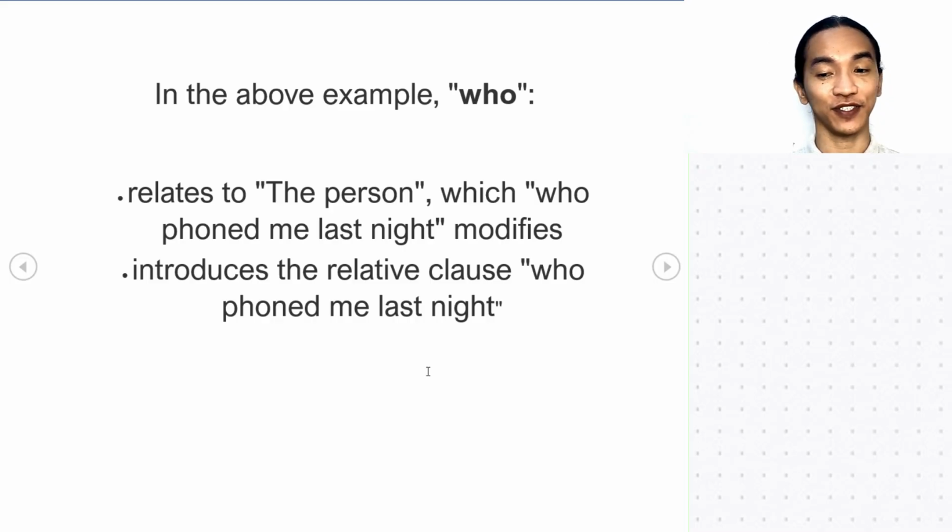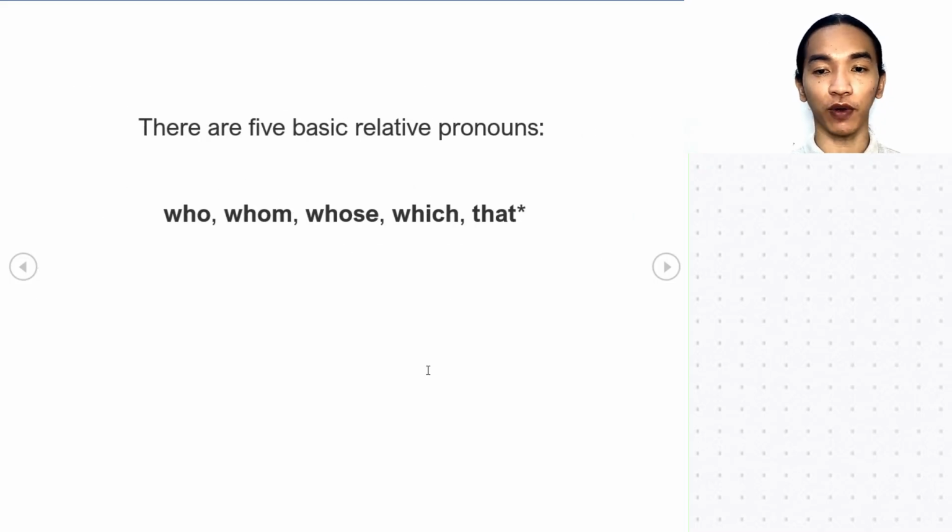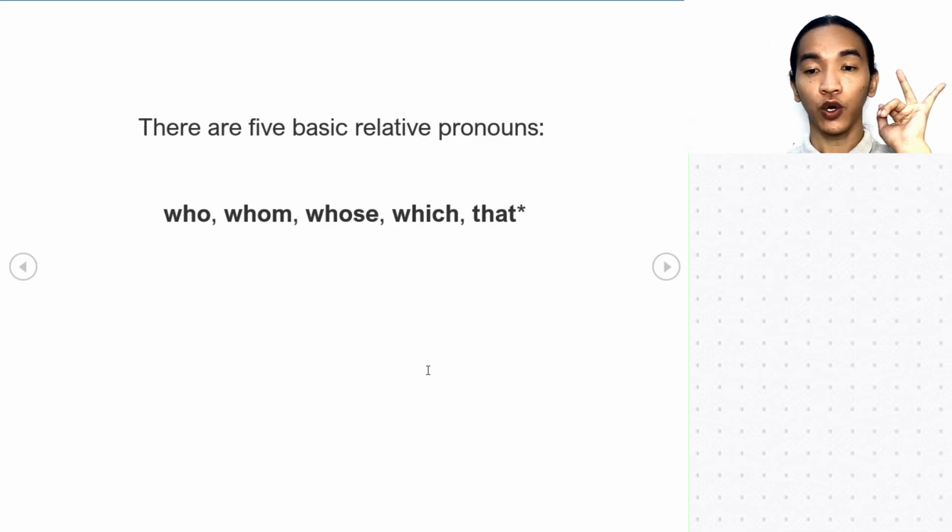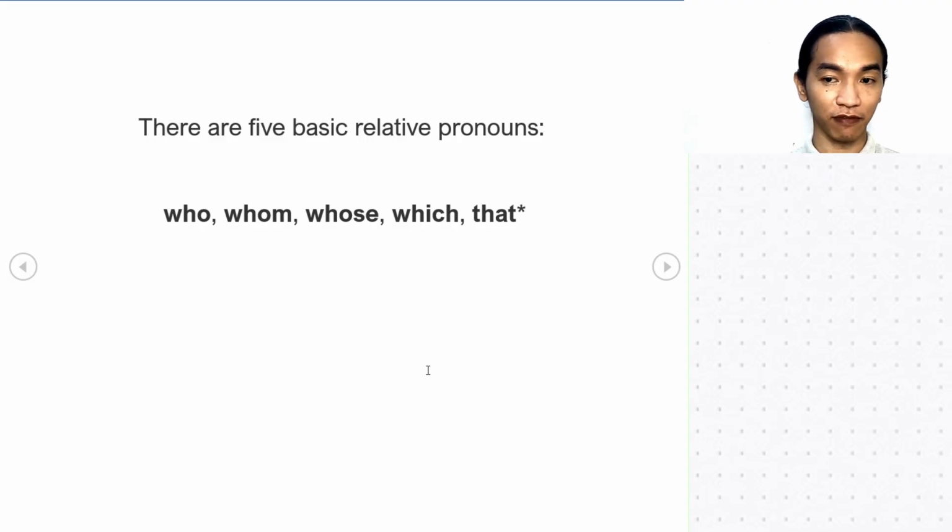All right, moving forward. So there are actually five basic relative pronouns that we have. So we have who, whom, whose, which, and that. Okay, so you might be wondering, oh, these words are just similar to your interrogative pronouns. Yes, four of them, but you have to remember interrogative pronouns are actually used to ask questions.